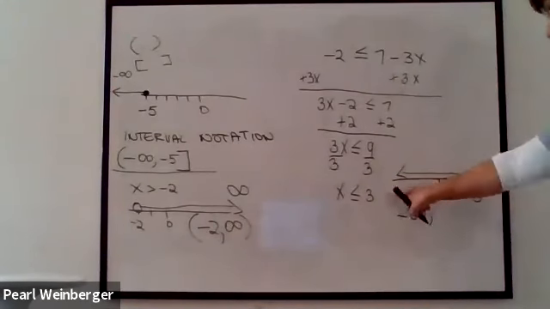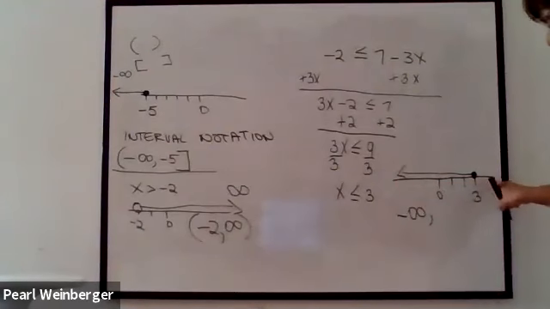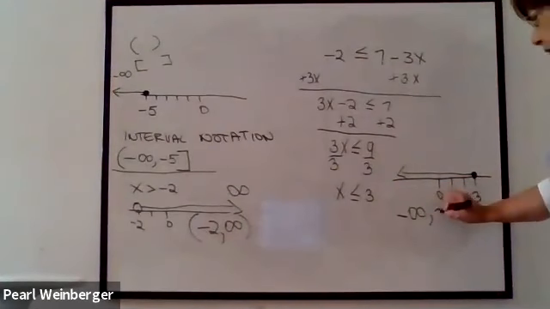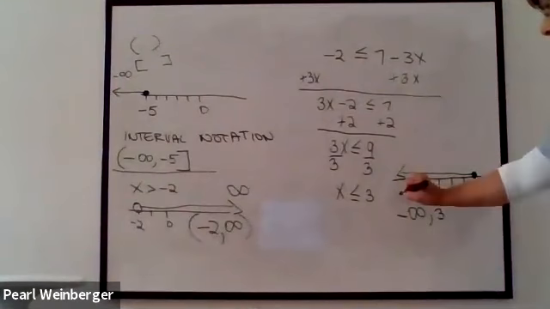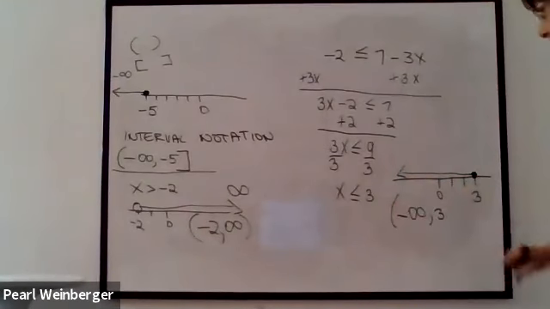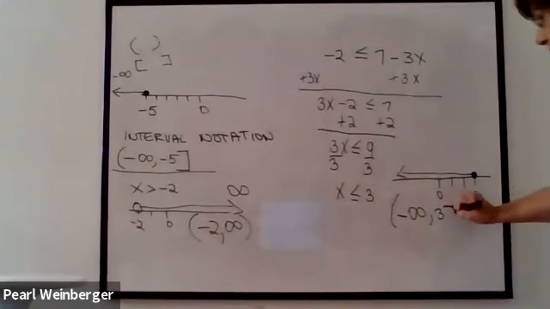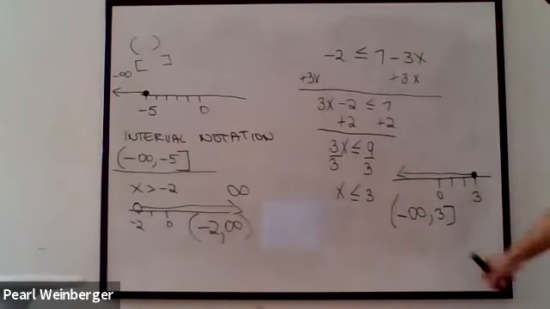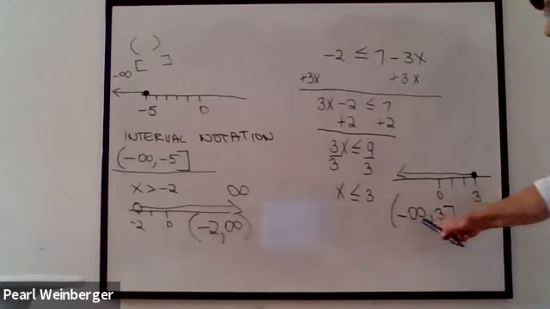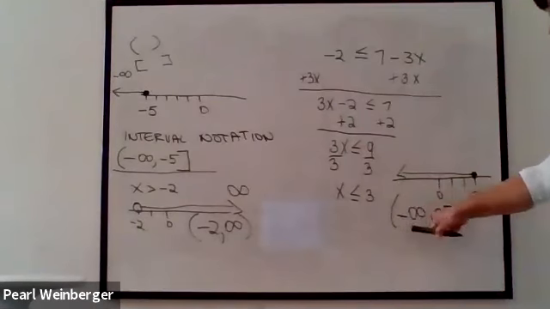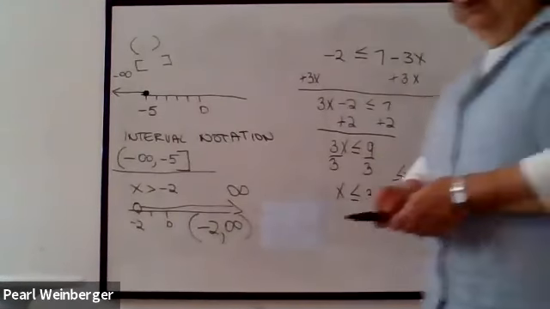The end of the interval, the right-hand point, is the 3. At the infinity, I put a parentheses, and since the 3 was filled in, it's included, so at the 3 I put a bracket. So the interval is from negative infinity to 3 with a bracket at the 3 and a parentheses at the negative infinity.